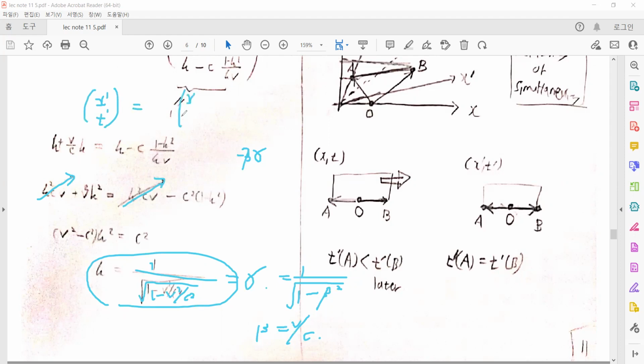The transformation of x and t is linear, so it can be represented as a matrix. Such a Lorentz boost is represented with gamma on the diagonal and minus beta gamma on the off-diagonals. In the previous videos we already discussed this Lorentz boost as a matrix representation.